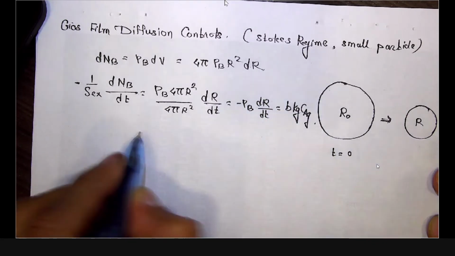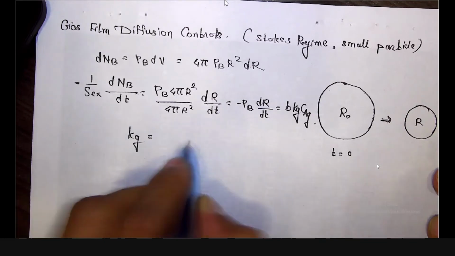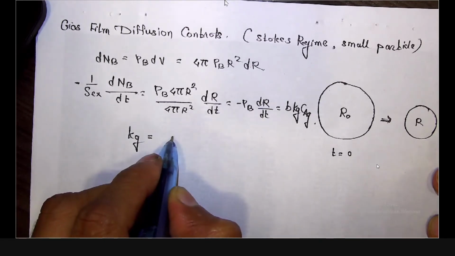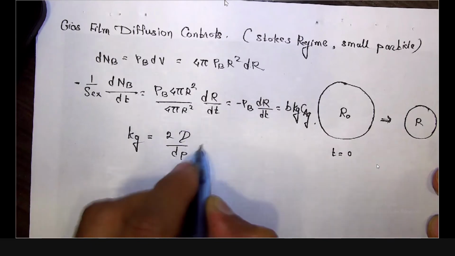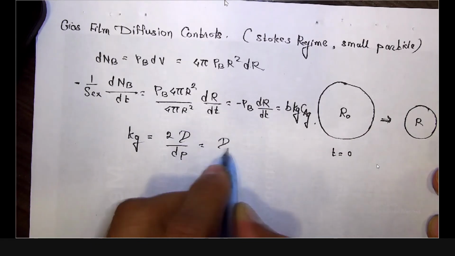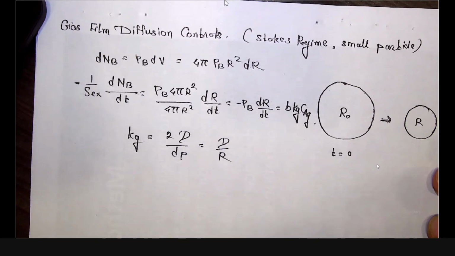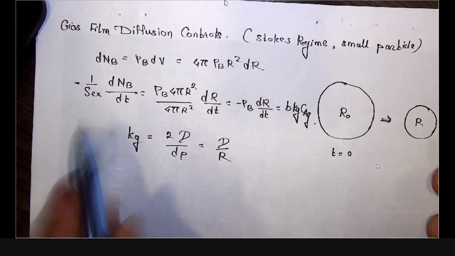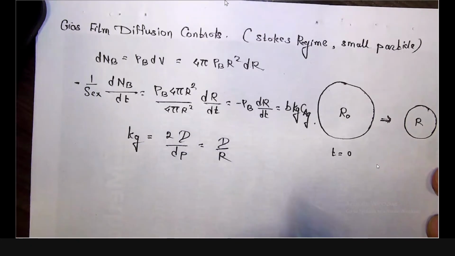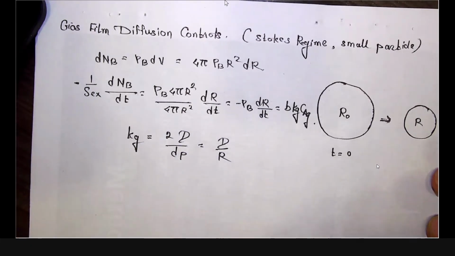Now this kg is equal to what? And you can get it from the Frössling equation for small particle size.